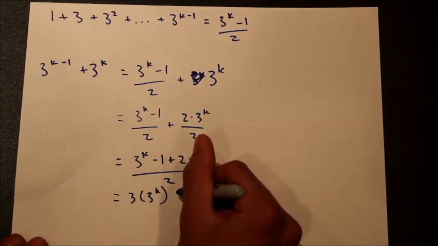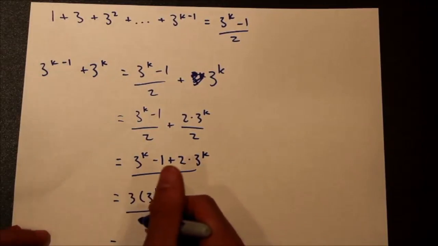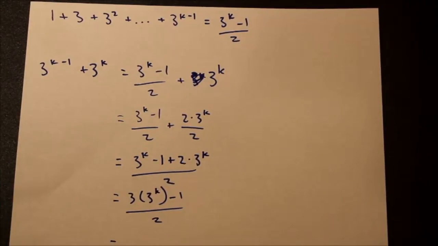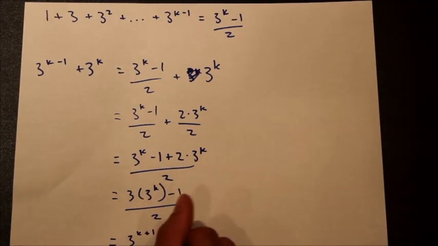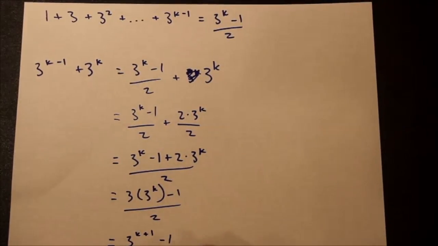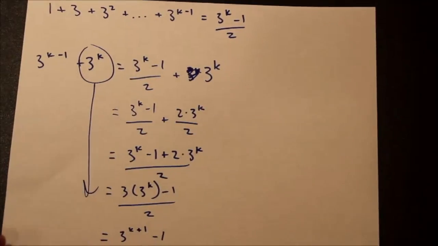We will combine like terms in the numerator, and then we will simplify 3 times 3 to the k. This equals 3 to the k plus 1 minus 1 over 2, which is equal to S to the k plus 1 from earlier. This proves that the statement is true for every positive integer n.